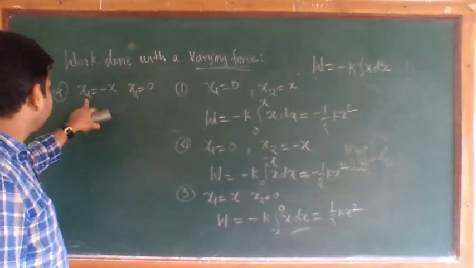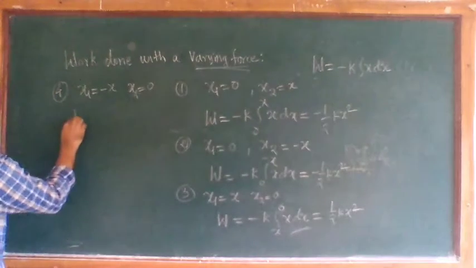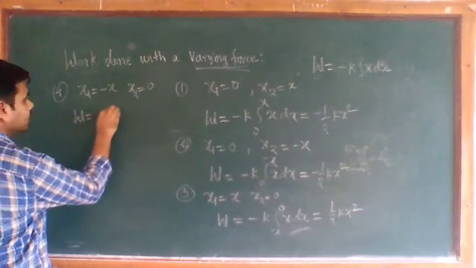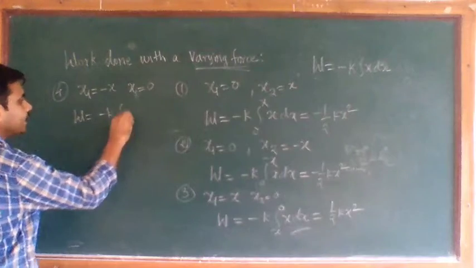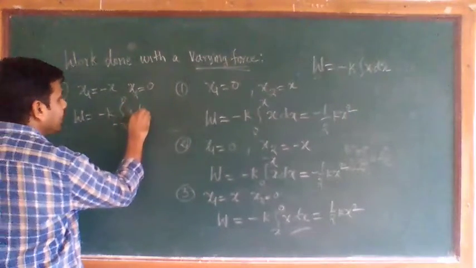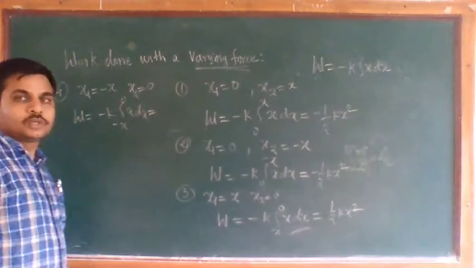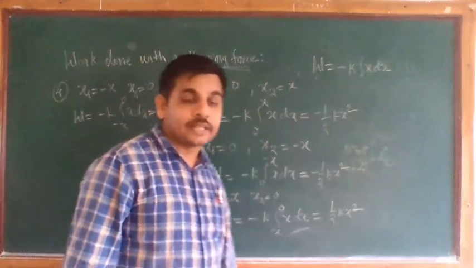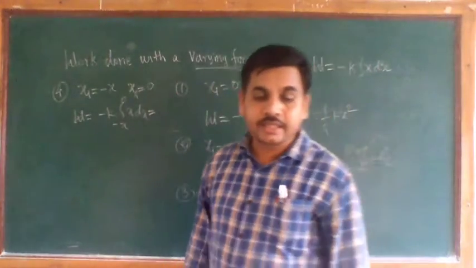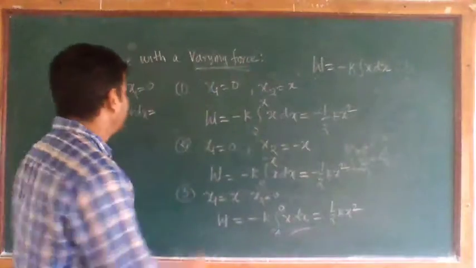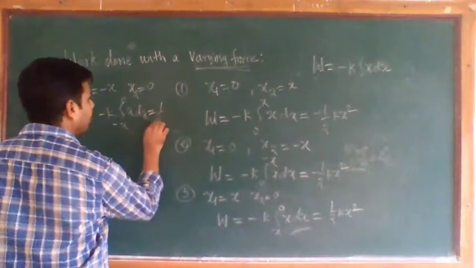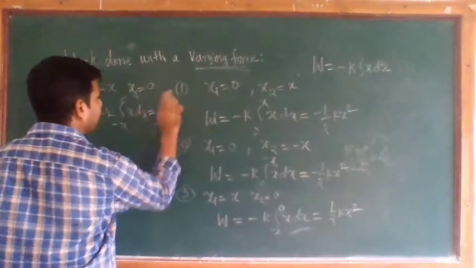Now you have x1 and x2. We can calculate W is equal to minus k times the integral of x dx from minus x to 0. Calculating that integration, again it is 1/2 kx square.